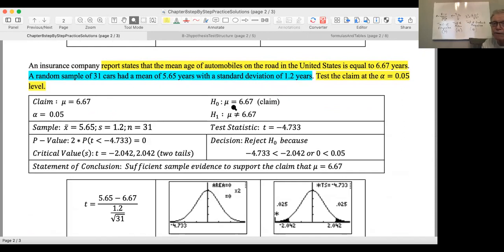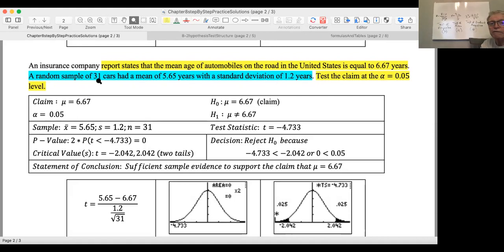And besides the assumed value of mu in there, we need to know X bar, the sample mean, and we need to know S, the sample standard deviation, and we need to know N, the sample size. I've highlighted in here, which you would have to do, or you don't have to highlight, but it might not be a bad idea. Highlight the sample information, not the claim information, but the sample information now.